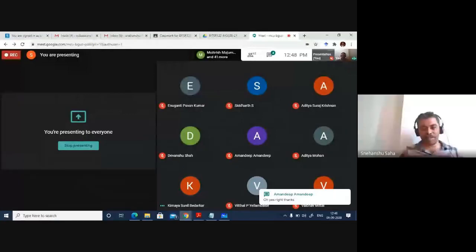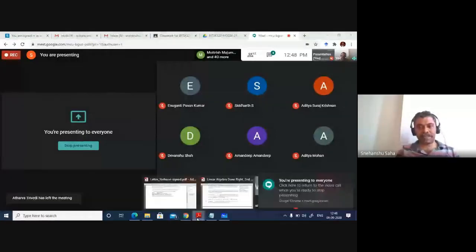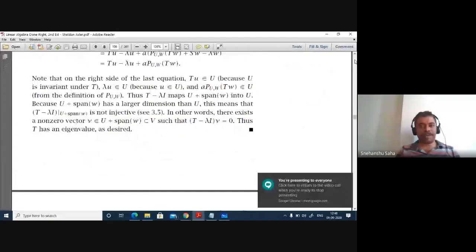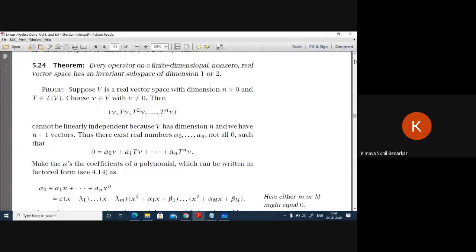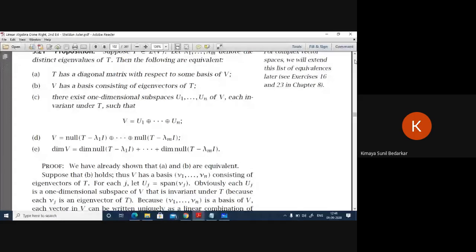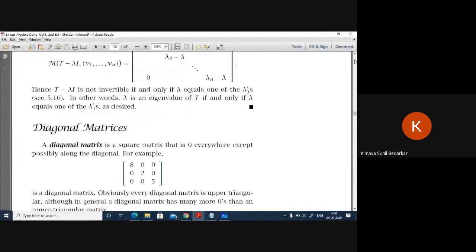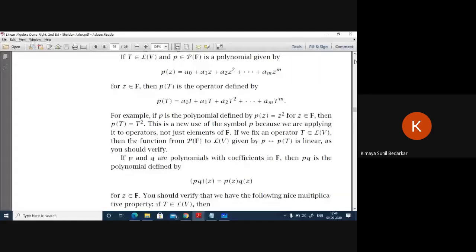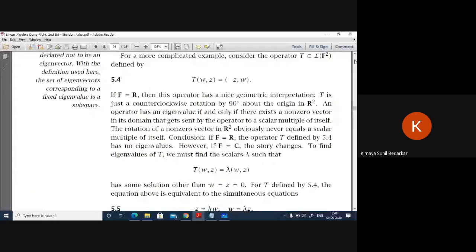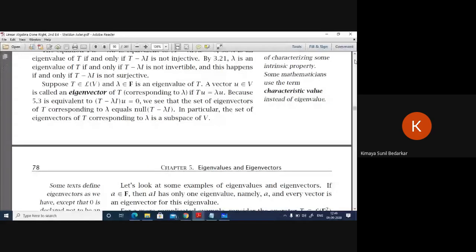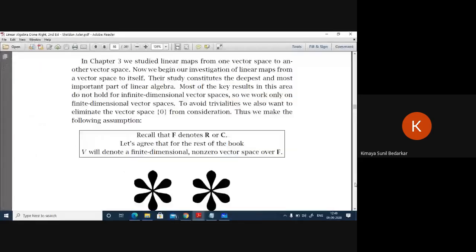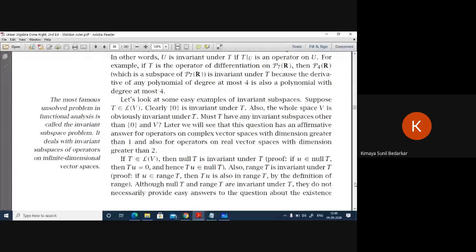If I open up chapter 5, I have it open here right now. Page number 88, proposition 5.20, according to the book.